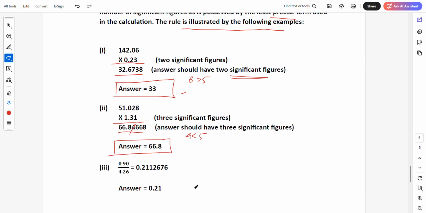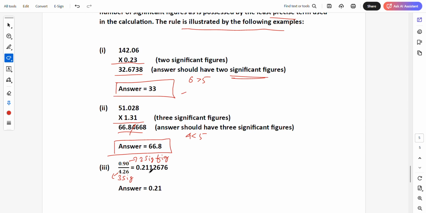Now, division. How many significant figures are there in the numerator? 2 significant figures. In case of the denominator, 3 significant figures. Which is the least? Least is 2 significant figures. Just normally we will divide.